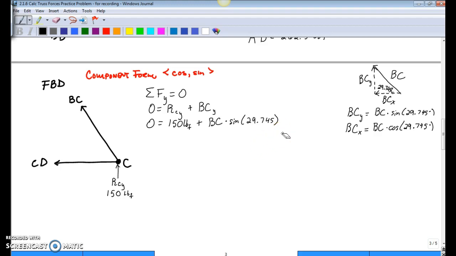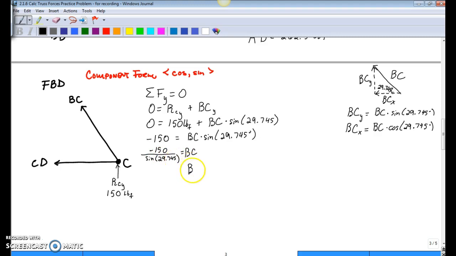So I'm going to move this to negative 150 on the left, equal to BC times sine of 29.745 degrees. So BC is equal to negative 150 over sine of 29.745.